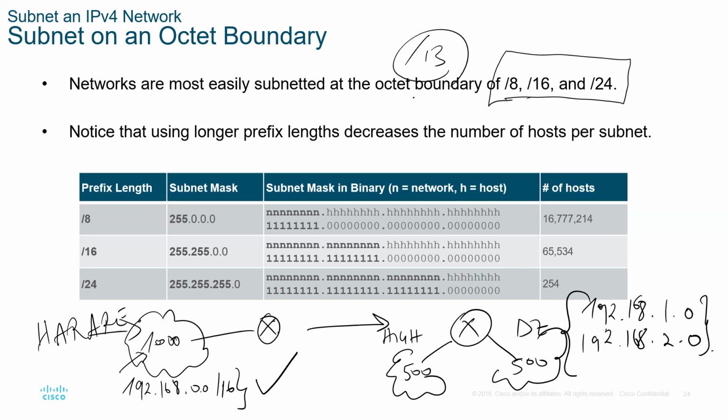You can get that. But for practice and understanding, let's start with octet boundary prefix lengths: /8, /16, and /24. You will definitely be seeing /24 a little bit more than all the others. Notice that using longer prefix lengths decreases the number of hosts per subnet.